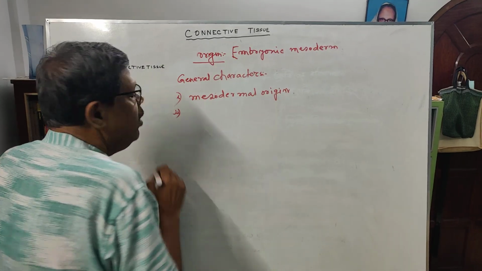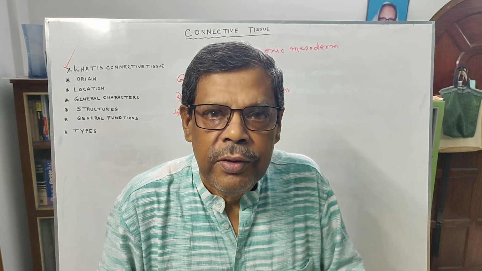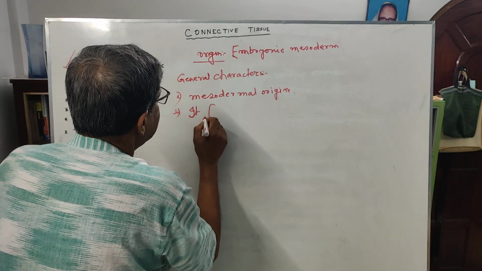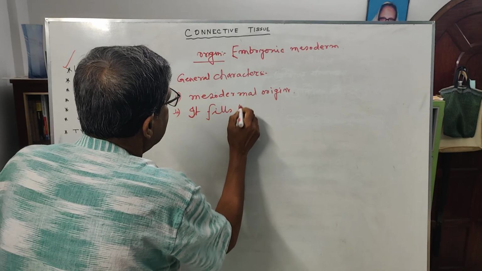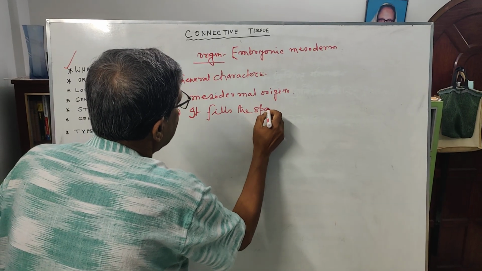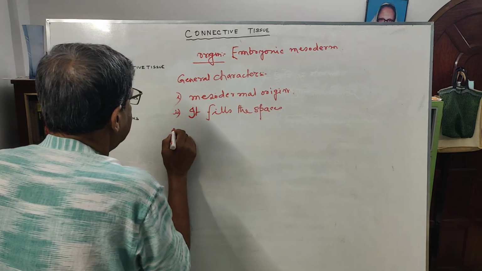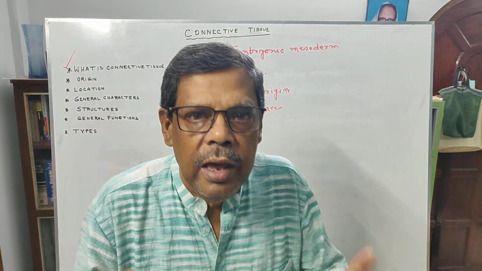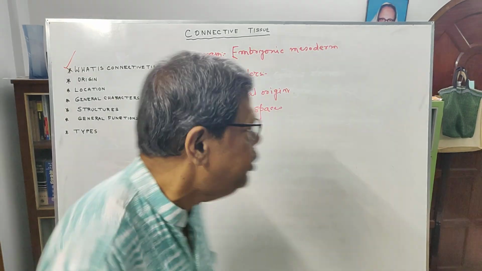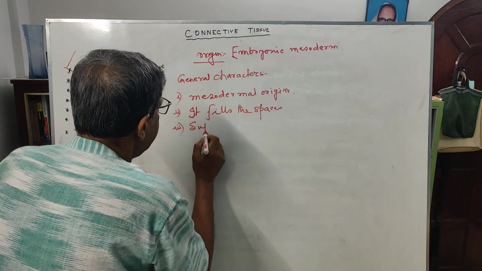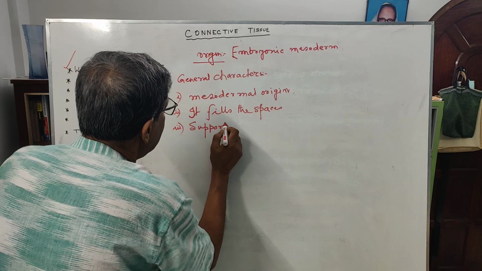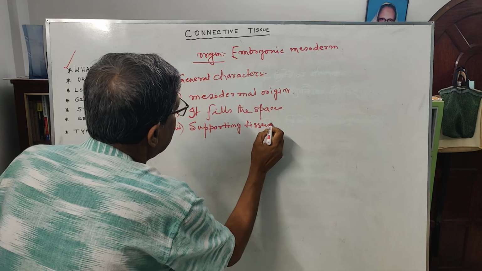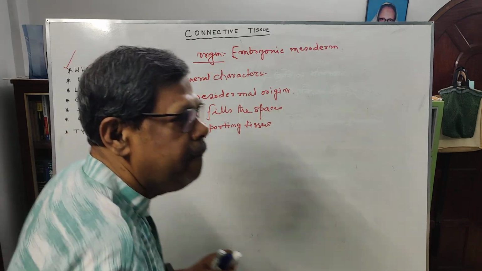Number 2, it fills the spaces between tissues. Number 3, it may be called the supporting tissue.